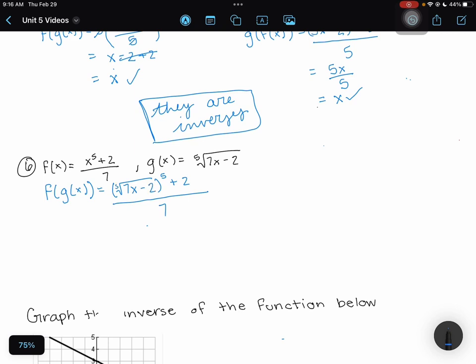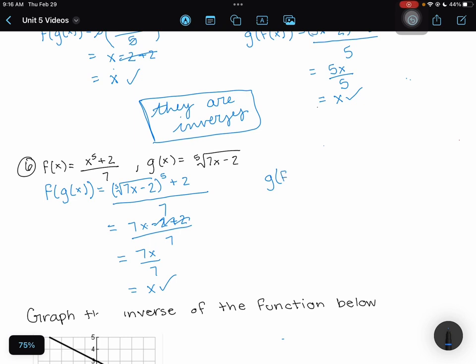Okay, the fifth root and the fifth power cancel out. So I have 7x minus 2 plus 2 over 7. The minus 2 and plus 2 cancel. So I have 7x divided by 7, which is just x.